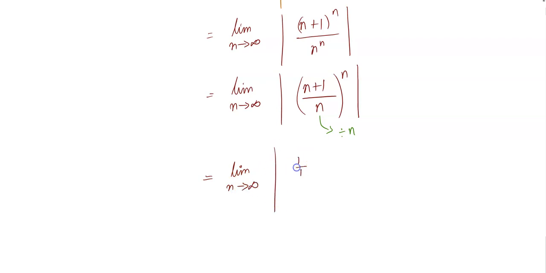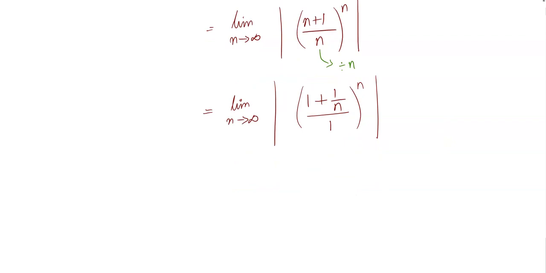Dividing the first term by n, that'll be n over n, which is 1, plus 1 over n, and the denominator n over n is 1. You divide up and down by n, right? You can't just do one of them, you have to balance it. So 1 plus 1 over n, the whole power n. The denominator 1 can be left like this.